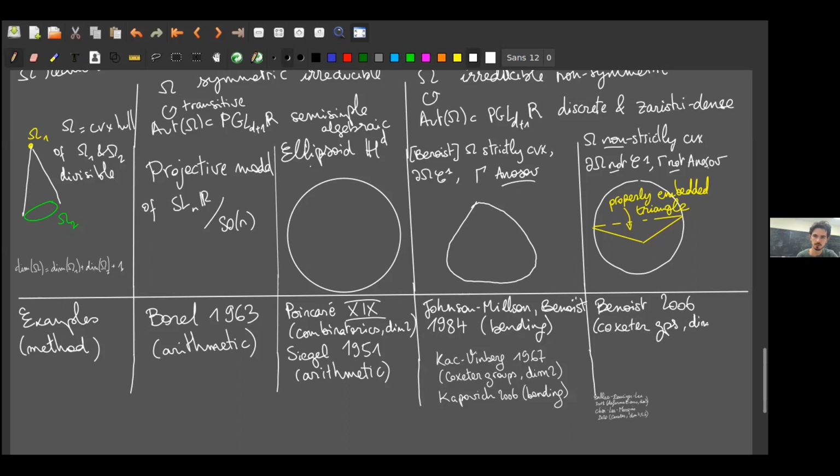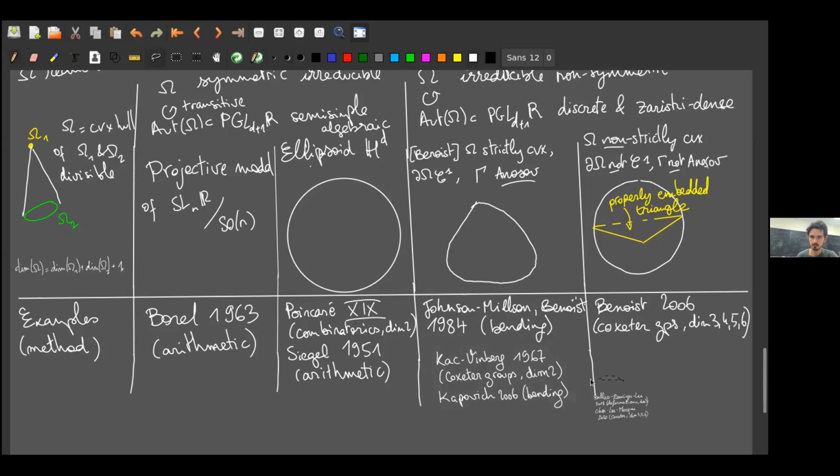It works in dimensions 3, 4, 5, 6, and the examples are not strictly convex because omega admits properly embedded triangles, so triangles whose boundary is contained in the boundary of omega. So there are segments in the boundary of omega because of that.